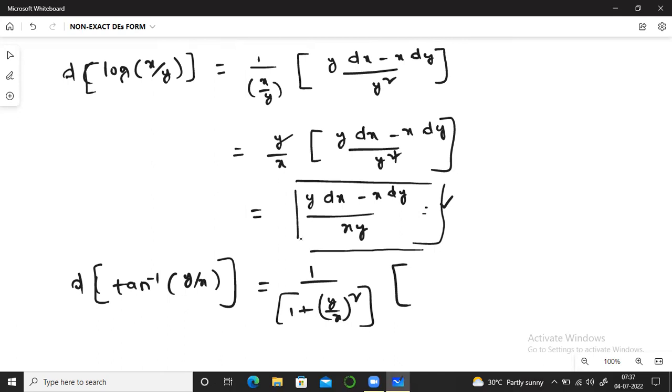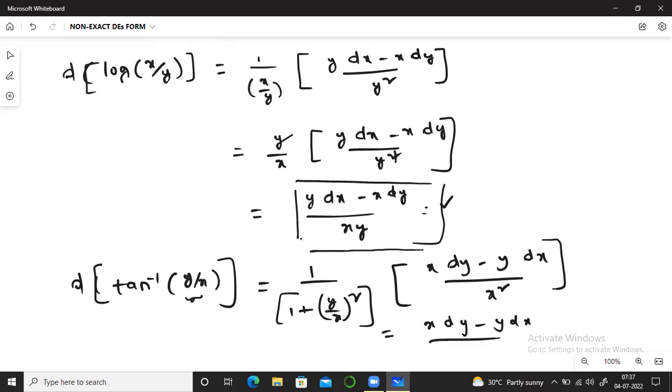So you have to differentiate this term again, which is (x dy minus y dx) divided by x square. It means finally what you will get is that x square will be cancelled, and the x square plus y square term will remain. That's it. It's very simple.